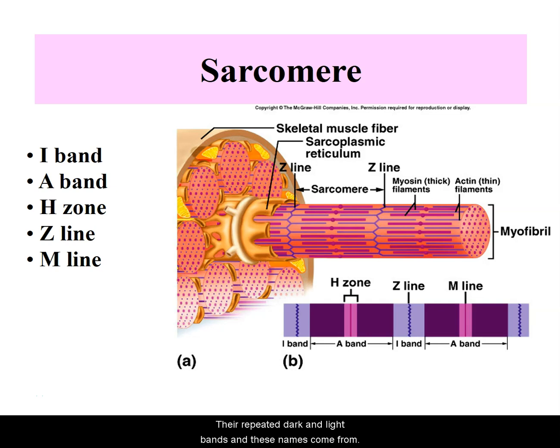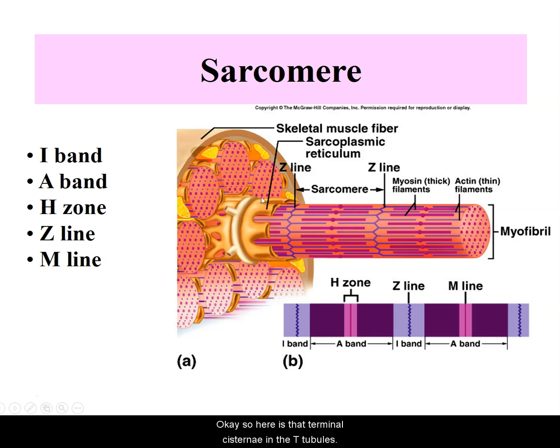They're repeated dark and light bands, and these names come from dark and lightness of colors, and that's band of light. Okay, so the A bands, you have the I bands, the A bands, the H zone, Z line, and M line. You need to know about these in lecture, but it's important also to know about these in lab.